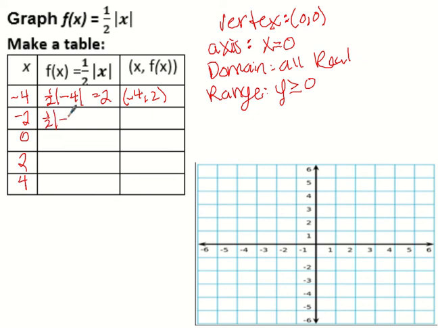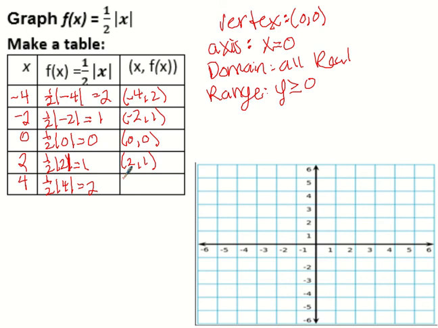Half the absolute value of -2, that's 2. Half of that is 1. We get -2, 1. Half of the absolute value of 0 is 0. Half of the absolute value of 2 is 1. And half the absolute value of 4 is 2.